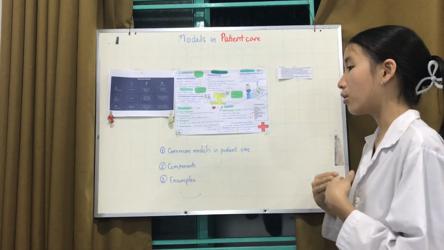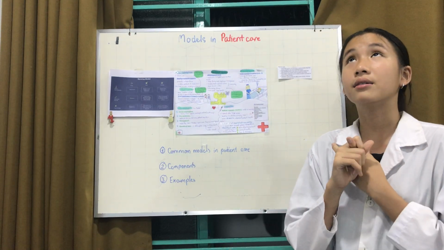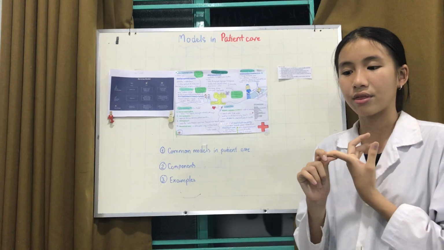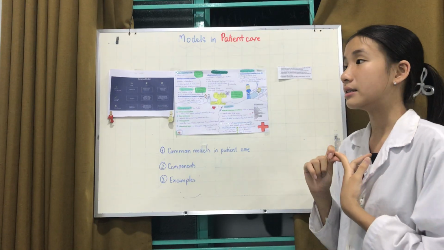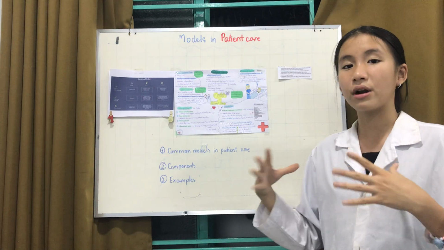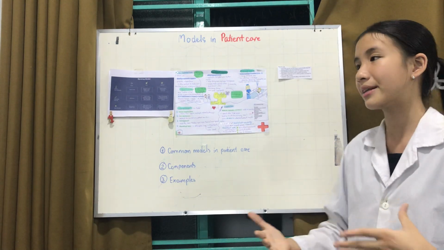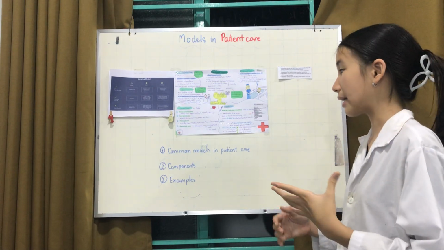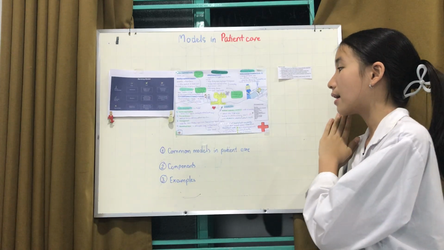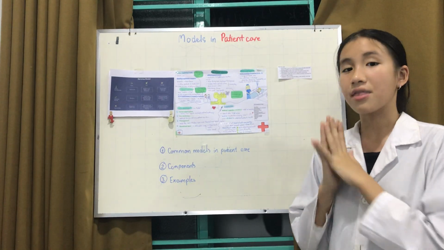For example, their self-care ability with their family as well, and it moves them to be more independent. It allows them to be more independent in decision making. So that is how it helps the patient.